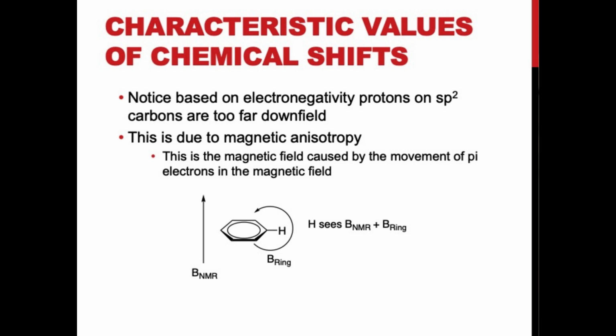It sees the magnetic field of the NMR plus the induced magnetic field from the aromatic ring. So it effectively sees more magnetic field. So it acts like it is more de-shielded than it would otherwise be. So it is up around 6, 7, 8, as opposed to being at like 2.